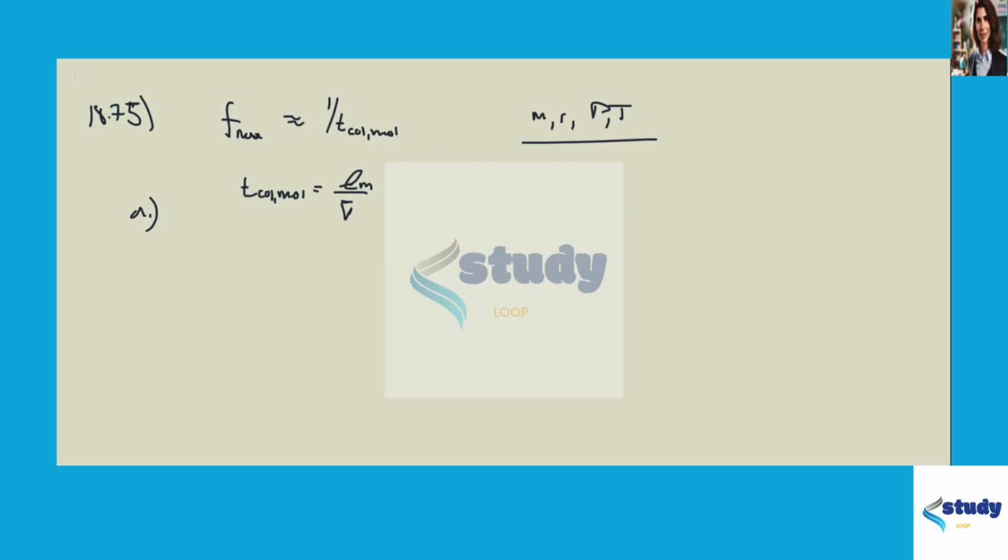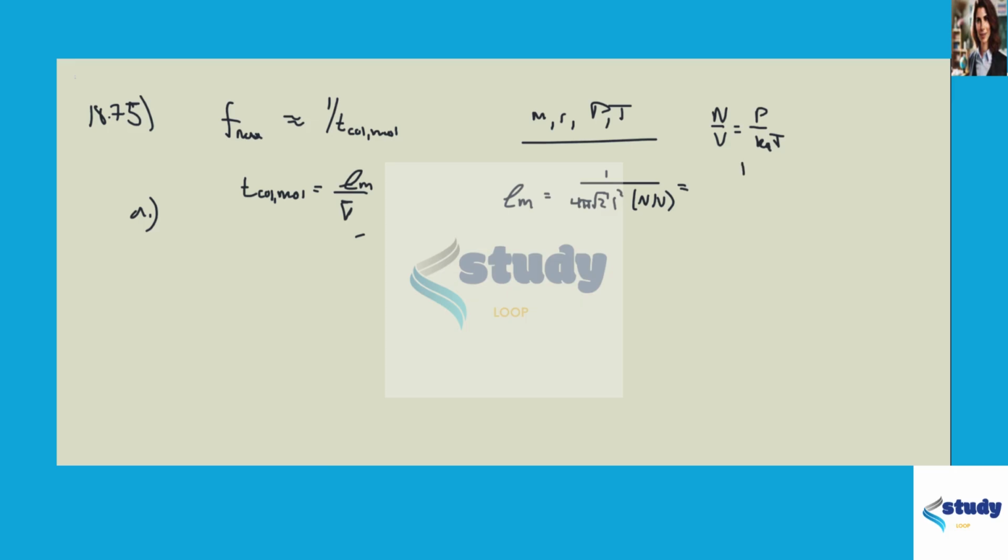So first, we know that L is 1 over 4 pi root 2 r squared n over V. Now from the ideal gas law, n over V is given as P over kBT.